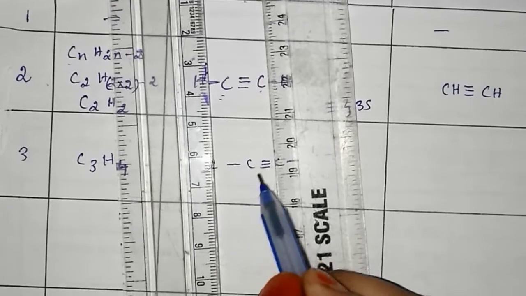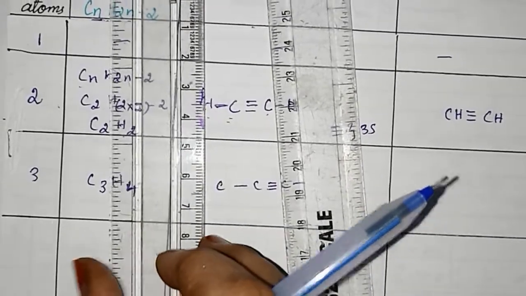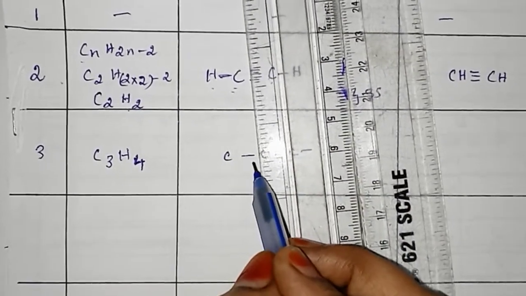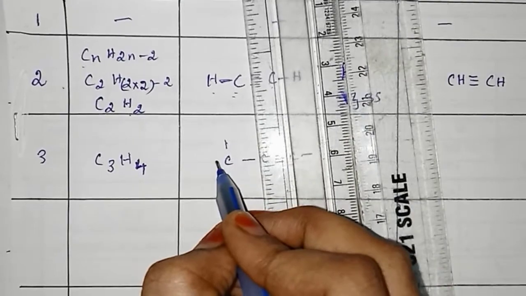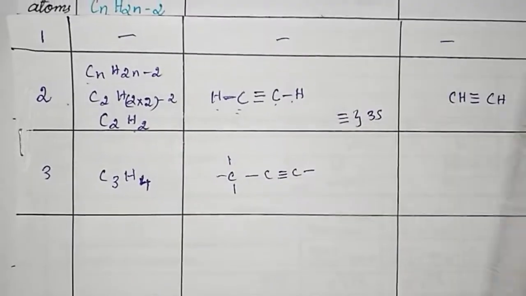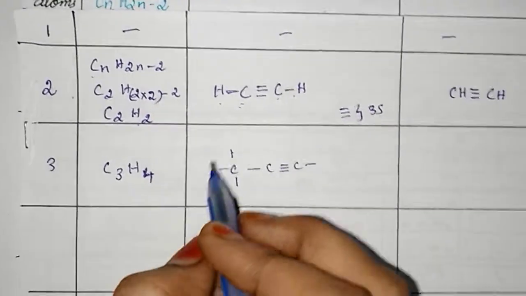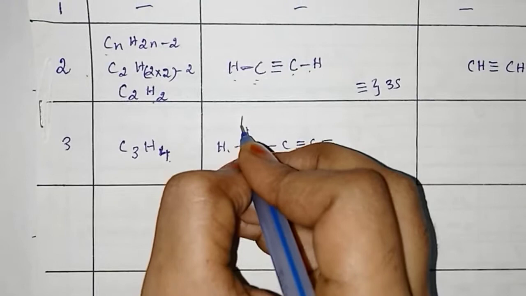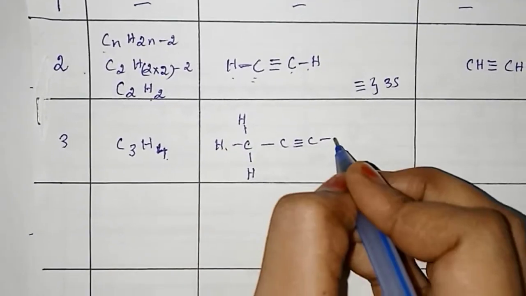Next, the last carbon contains only one bond. For satisfying tetravalency, it needs 3 more bonds. Okay, now the framework is completed. So this is the place for hydrogen. How many hydrogens are there? 4 hydrogens. So 1, 2, 3, 4.